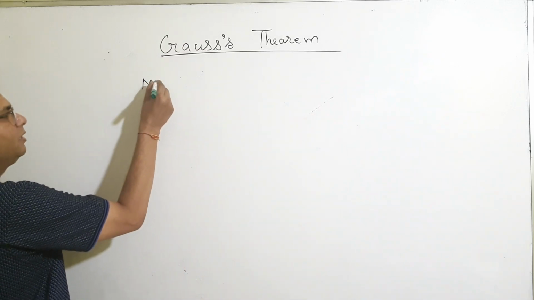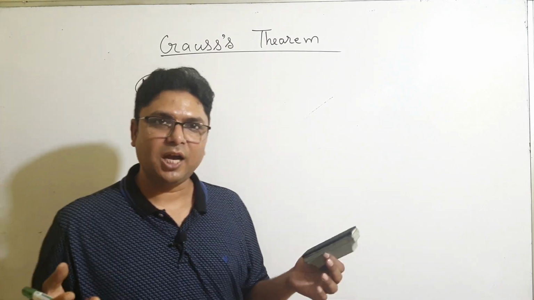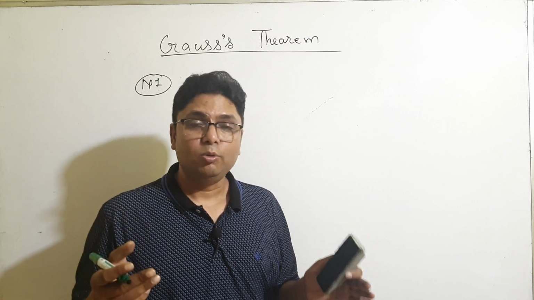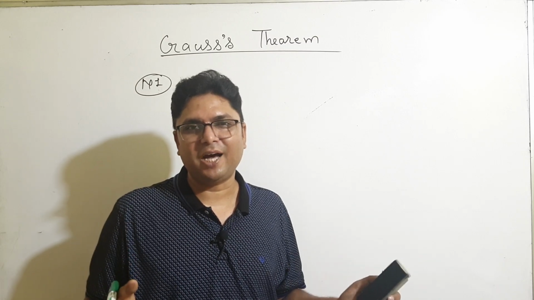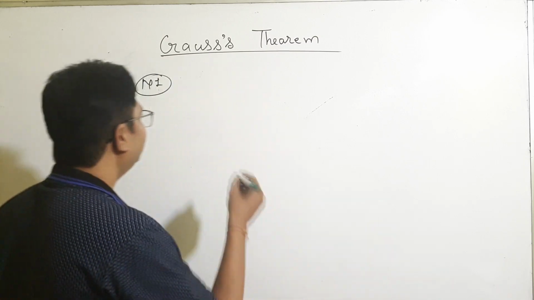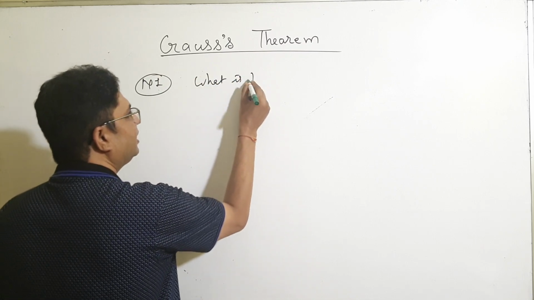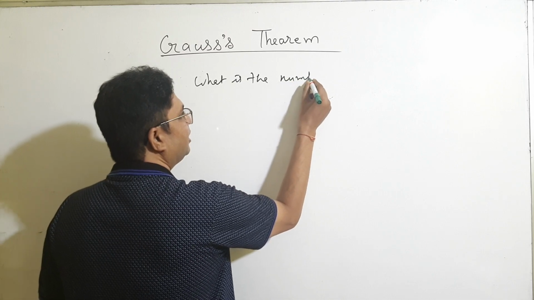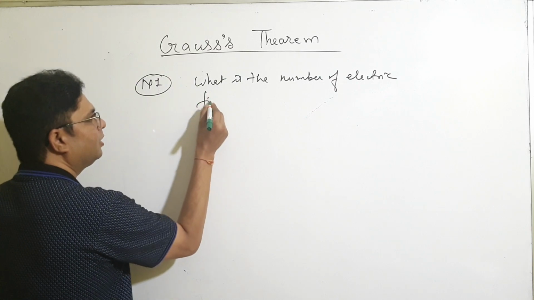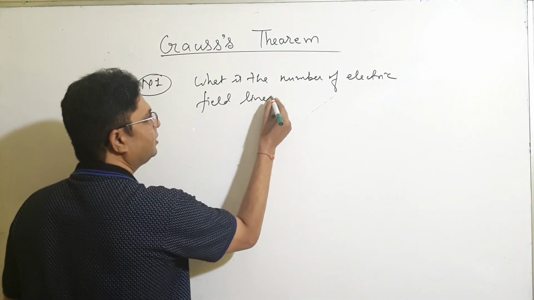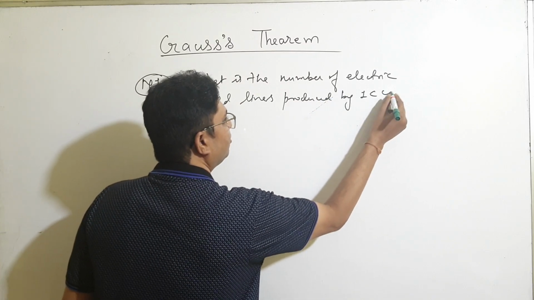Numerical number 1, a very simple question. We know that the general charge we are using is 1 coulomb charge. How many electric field lines does 1 coulomb of charge produce? So the question says: what is the number of electric field lines produced by 1 coulomb charge?